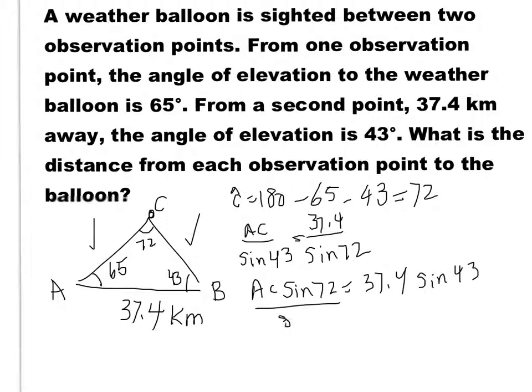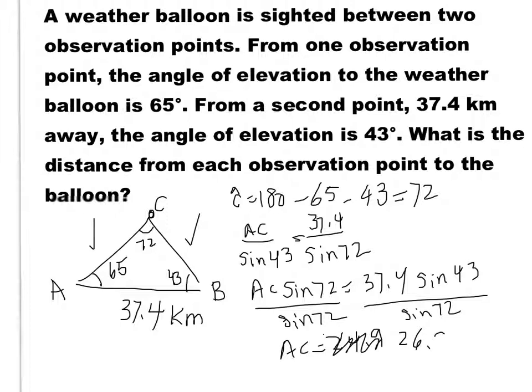Divide by sine 72, and you are going to get AC is equal to approximately 24.9. The answer that I wrote here is incorrect. It's 26.8 kilometers, sorry.